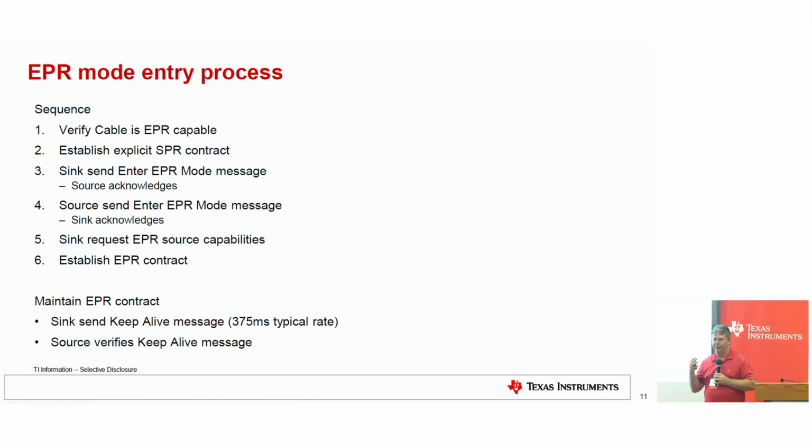So you establish either a 5 volt, 9 volt, up to 20 volt contract to make sure you're communicating and you're established on both sides on an agreed upon voltage level. Then the next thing is the sink would send a command to say, enter EPR mode. I want to go into EPR mode. And then the source would do the same. So both sides then agree that they're going to go into EPR mode.